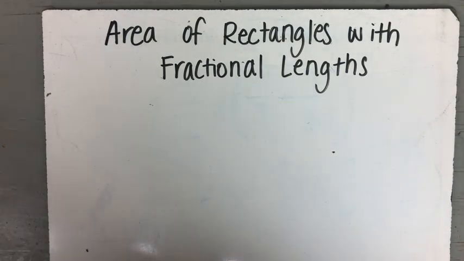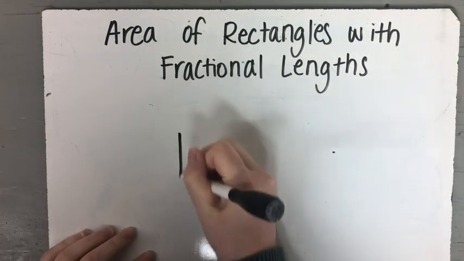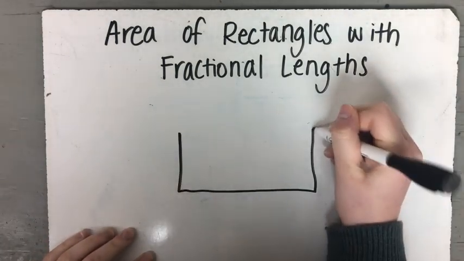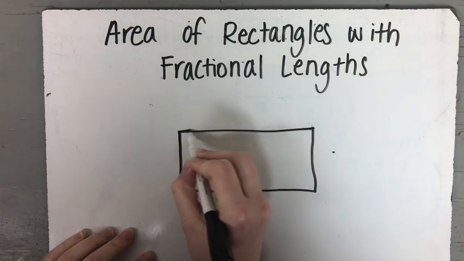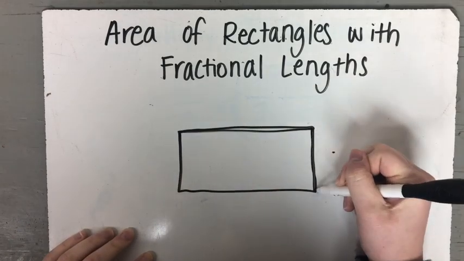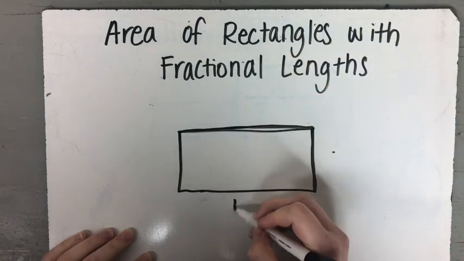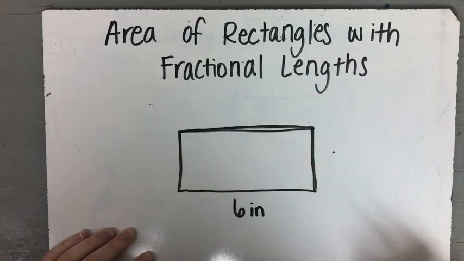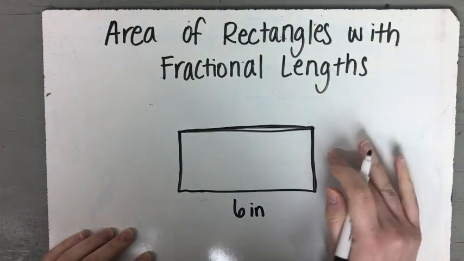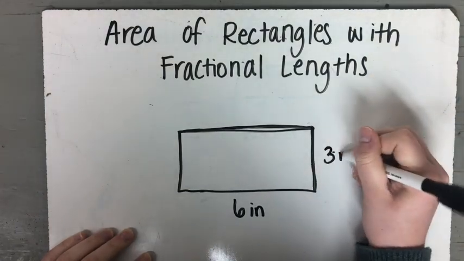So what this means, and let's review back to just what area is. If I have a rectangle such as this, and I'm given side measurements. Let's say the length is 6 inches and the width is 3 inches.